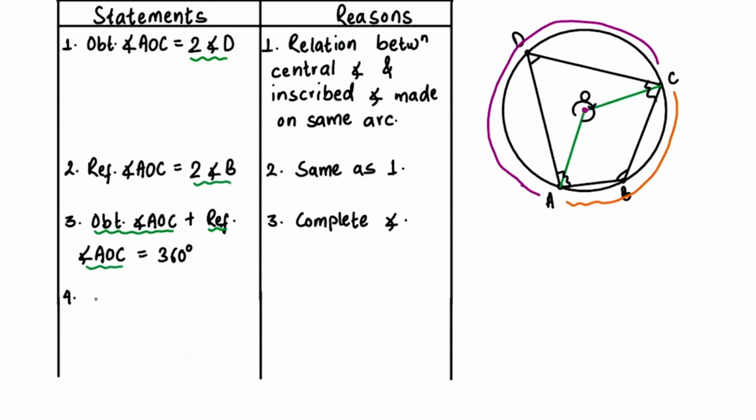So we have obtuse AOC, 2 angle D, plus reflex AOC, 2 angle B, is equal to 360 degrees. So this is from all those 3 statements, from statement 1, 2, and 3.